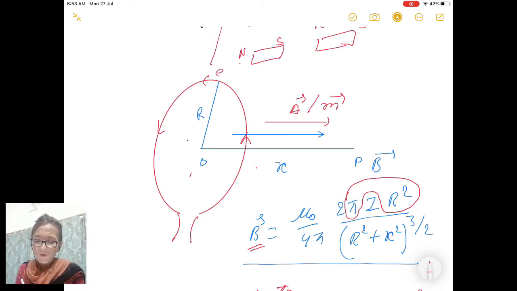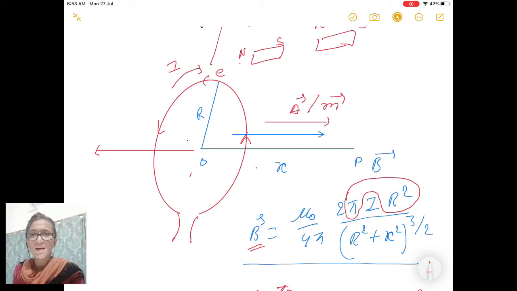But if an electron is revolving in this direction, you will find that the current is in a direction opposite to the electron. Then current will be flowing along this direction. Now if you place the curl of your fingers along the current, then the magnetic moment will come along this direction.